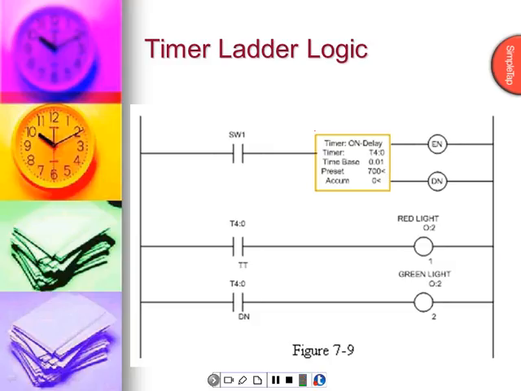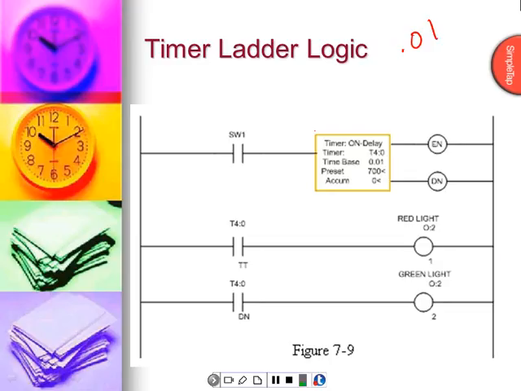The preset is how many of those increments I am going to time through. So if I'm using 0.01 seconds, which is what this one uses, does yours in the book use the same ones?